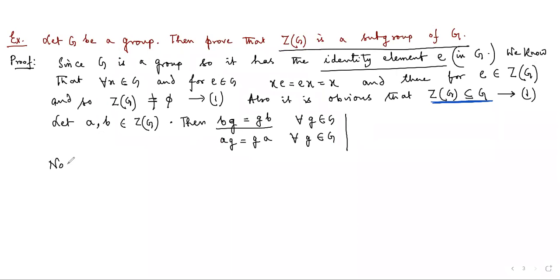Now, if we start with BG equal to GB, this implies GB inverse is equal to B inverse G for all G belonging to capital G. Why? Because I'm actually multiplying by inverse from both sides.